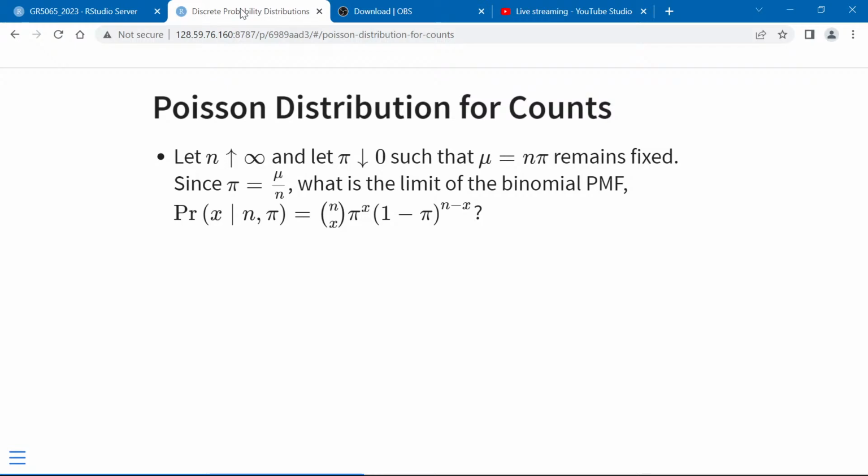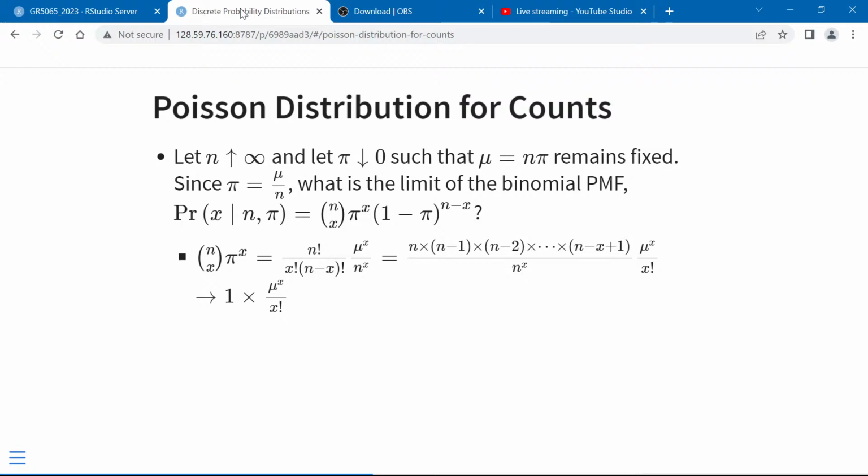So if we say, okay, what happens to the binomial PMF under that limiting process, recognizing that if mu is fixed, we can define pi to be mu over n. What is the limit of the binomial probability mass function given here if we substitute mu over n for pi? So let's just walk through that. You don't need to copy this down. We just rearrange things a little bit with the n factorial in the numerator, and we've got an n to the x in the denominator.